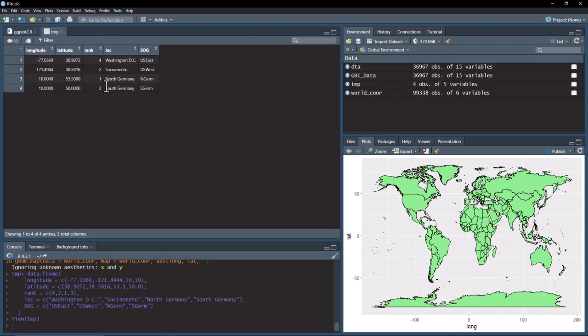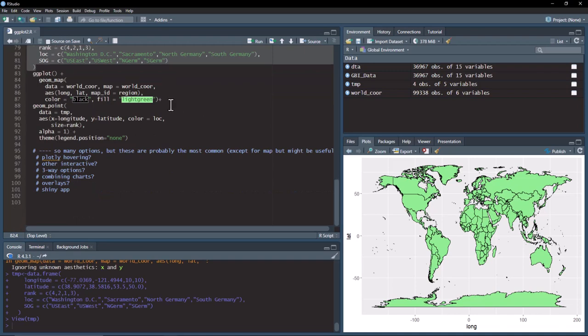If we open that, notice it has a longitude and a latitude, which is what we primarily need. Rank, I'll show you how I'm using it. This is just the location where I'm calling these longitudes and latitudes, and it's for this sales organization.